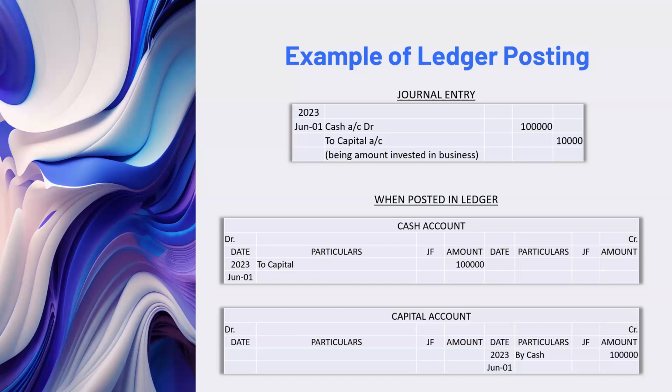So it may be the nature of the transactions. All these come under personal accounts. So the rule is debit the receiver, credit the giver. This is again from the business point of view. You're seeing the transaction from the business point of view. Debit the receiver, credit the giver.